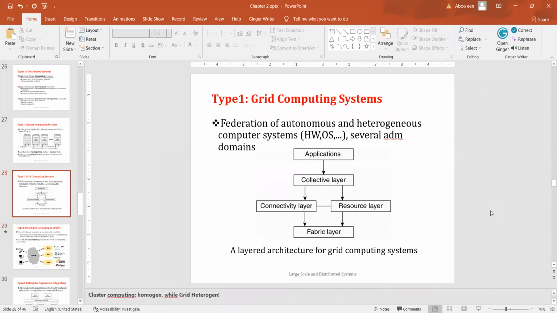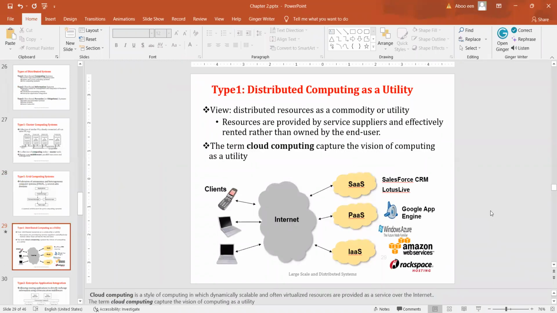Here you see computing as a utility. So distributed computing as a utility here in the cloud-based environment. Here you see, from the internet, there are companies and clients or users.